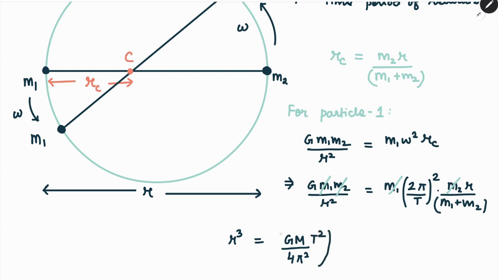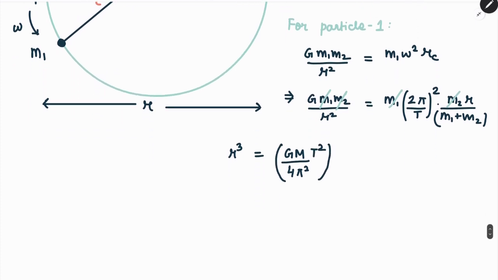So this is the expression for R that we have, and if we just take the cube root of the expression, we can write it as GMT square by 4 pi square, the whole to the power 1 by 3. So this is the final answer for this problem, problem number 1.205.